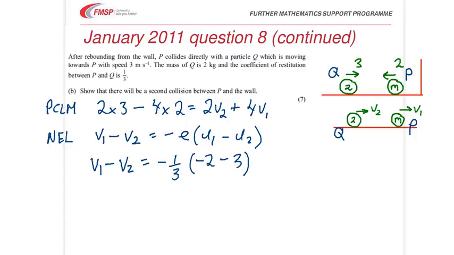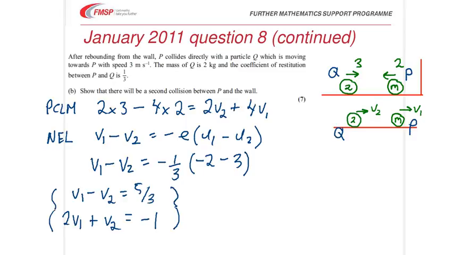So now we've got two equations. V1 minus V2 is 5/3, and 2V1 plus V2 equals minus 1. That's what they boil down to. The equations above boil down to just those two.